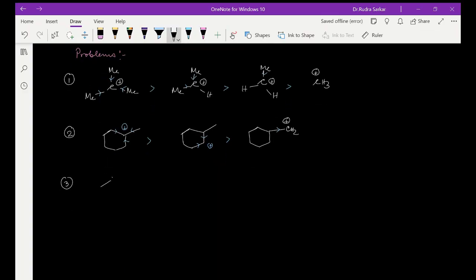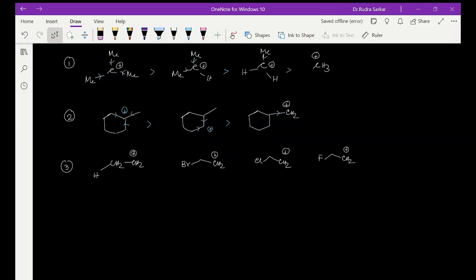Okay, in this case we have a CH2, then we have a Br, we have a F. So out here, the higher the electronegativity of the group attached to the carbocation, the less will be its stability.